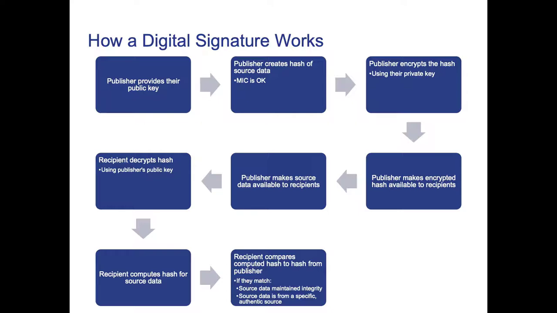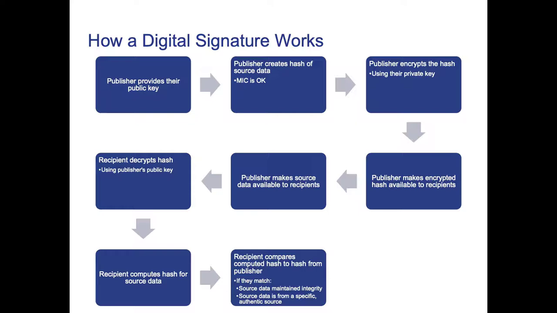We could publish it on a publicly accessible key server or make it available in some other way. We then create a hash of our program. We can use a simple unkeyed or MIC hashing algorithm for this. Then we encrypt that hash value with our private key. After that, we simply put both our program and the encrypted hash on our website.